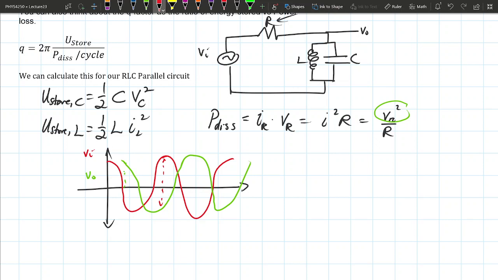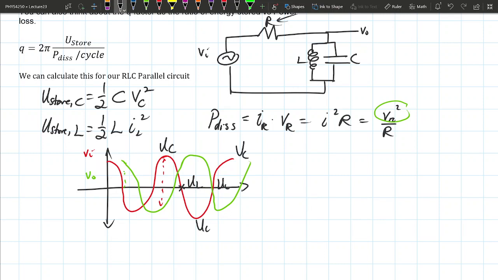At these points, the energy is actually all being stored in the capacitor. At these inflection points, that's when the energy is being stored in the inductor, and it transfers back and forth between these two devices, and that's why it resonates.